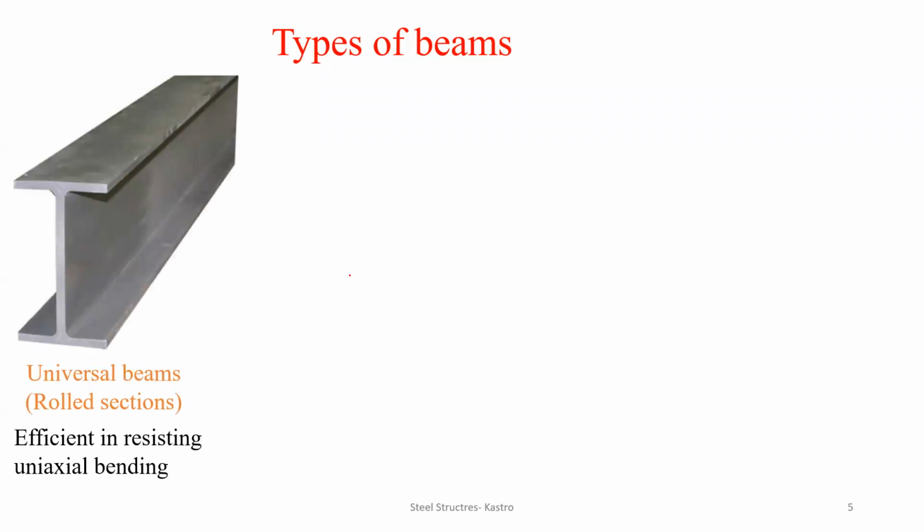Technically, if you are providing beams, they must be in the shape of I, and hence they are called universal beams. If you are providing a beam in the shape of an I, it is called a universal beam, because this is the shape which is universally accepted if you are providing beam members. Okay, so the first one is the universal beam, which is most efficient in resisting uniaxial bending.